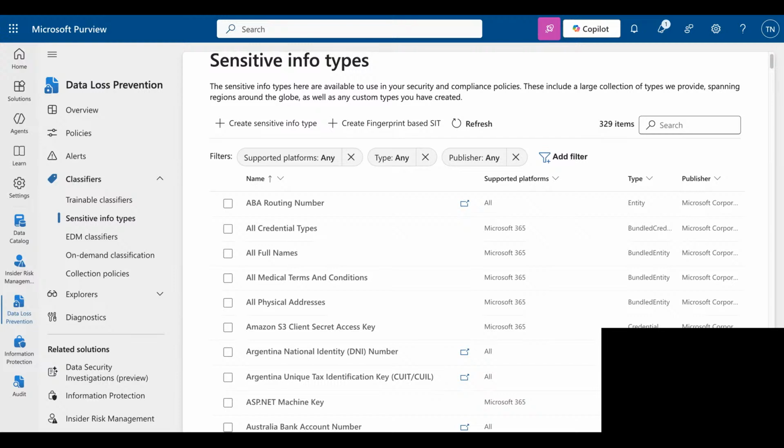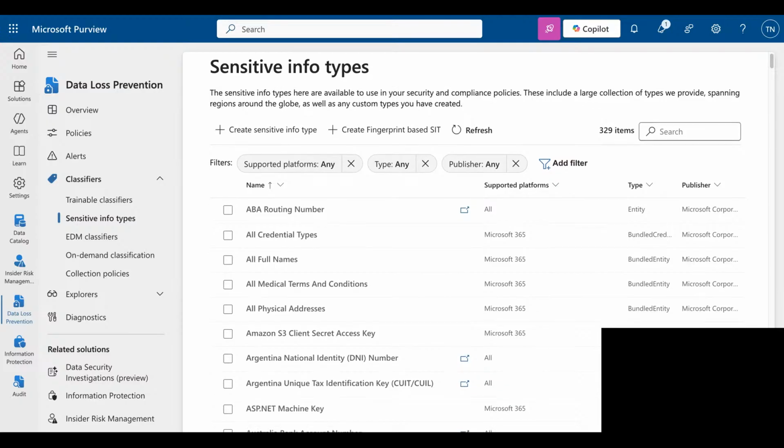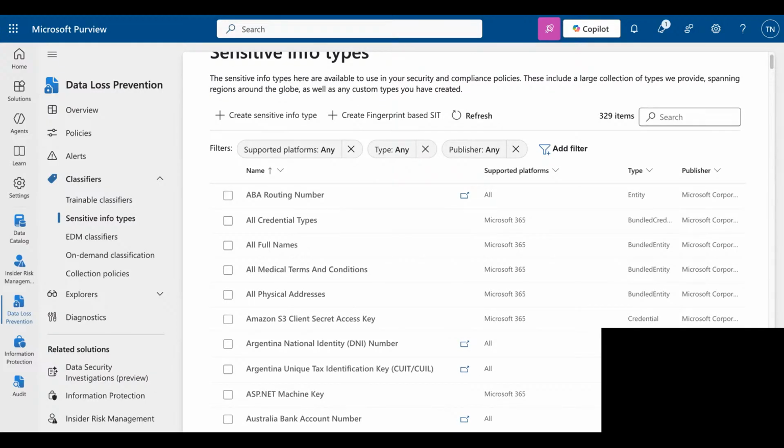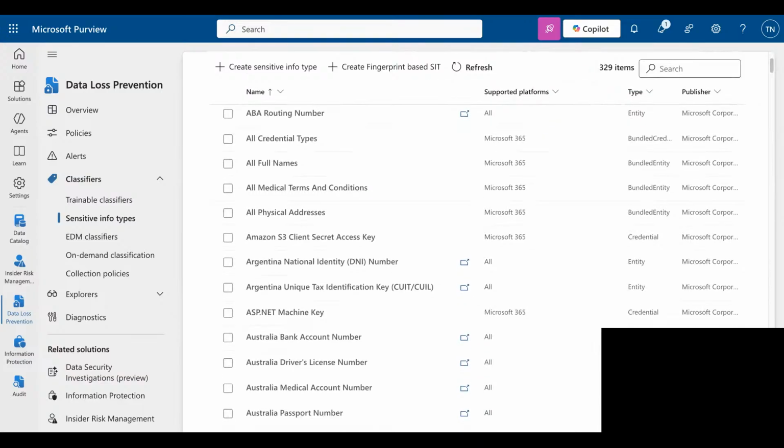Now, as you can see on my screen, it shows all the sensitive information types that are available. These come pre-configured. When you buy Microsoft Purview, all of them come pre-configured. But you can create your own custom sensitive type.